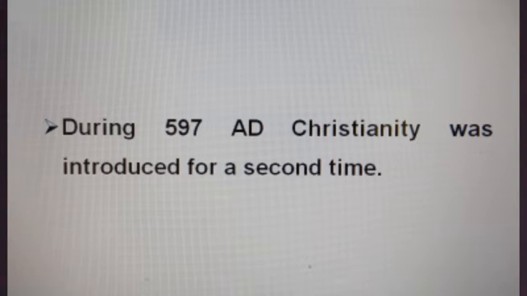After that, again in 597 AD, during the Old English period, Christianity was introduced again, and at this time they could even convert the king himself to Christianity. Some people from Rome came, especially St. Augustine.